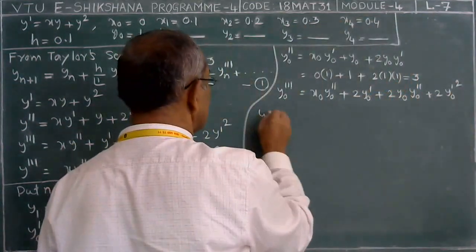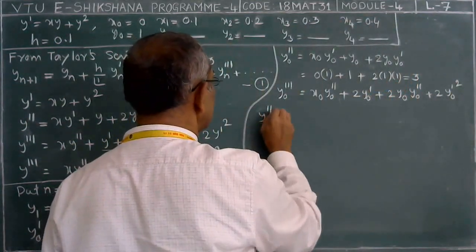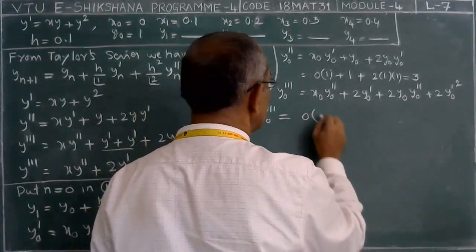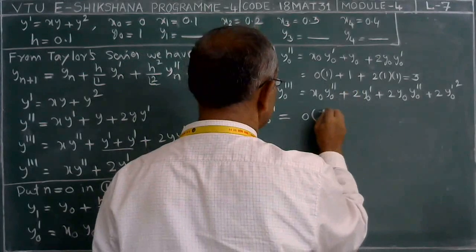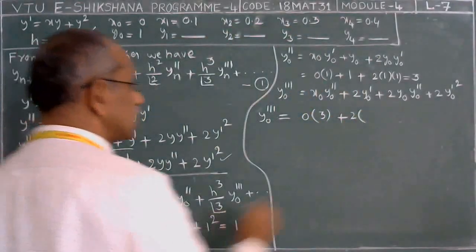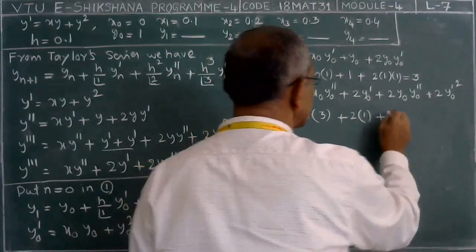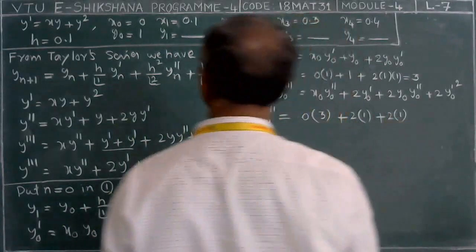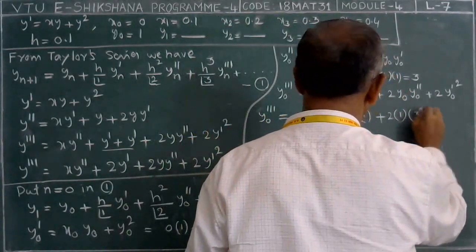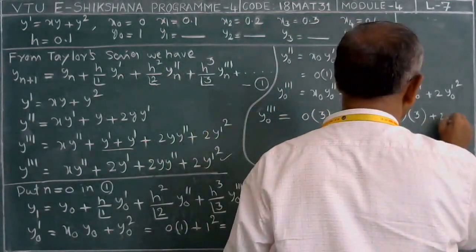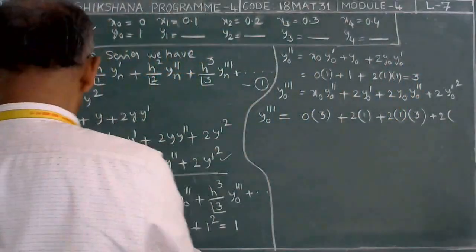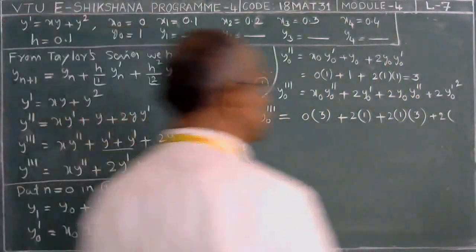Now substitute the values. x naught is 0, y naught double dash is 3, plus 2 into y naught dash is 1, plus 2 into y naught is 1, y naught double dash is 3, plus 2 into y naught dash square, 1 square.